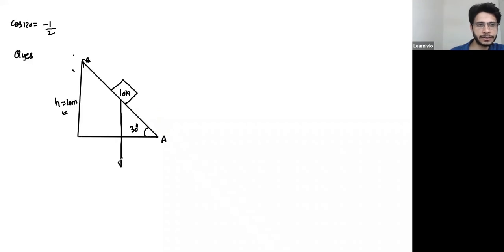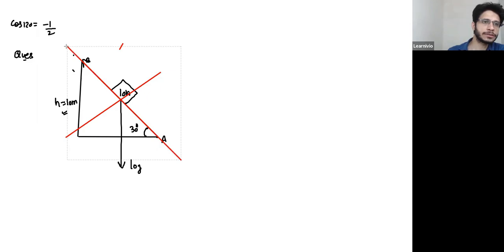Weight is acting in this direction, which is 10g. Now you can resolve this weight into two parts: one perpendicular to the inclined plane, and the other along the inclined plane. This we have done last week in resolution of vector.